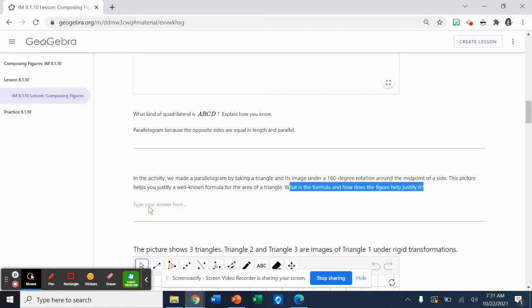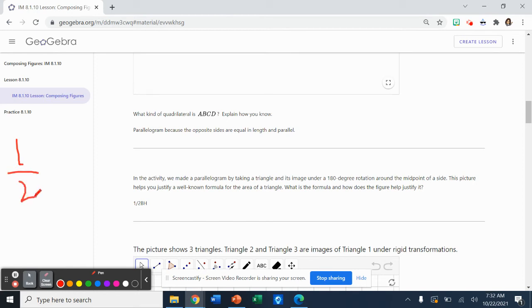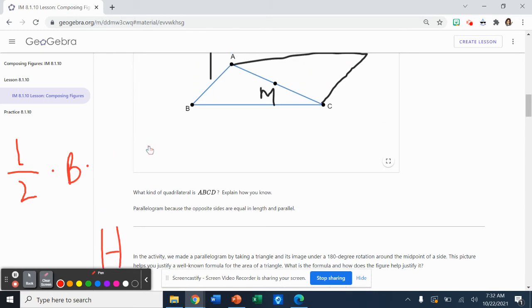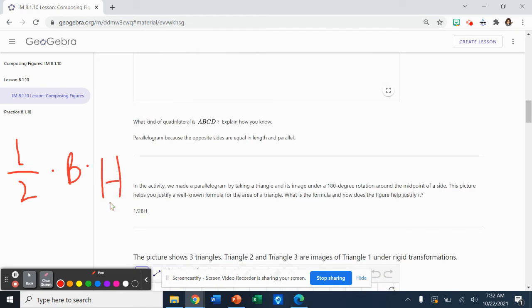So the formula for the area of a triangle is 1/2 base times height. And if we were writing that out, it would look like this: 1/2 times base times height. Notice that a triangle is half of a parallelogram. It looks like I lose my H when I scroll.